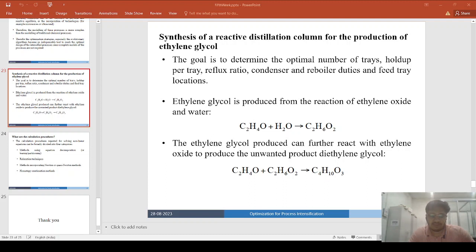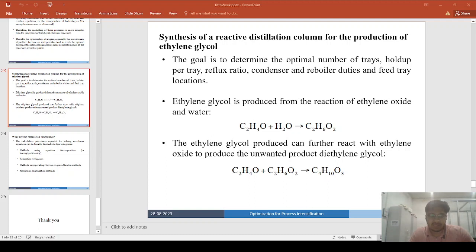So they have taken a mixed integer nonlinear programming algorithm and applied it to the reactive distillation for ethylene glycol synthesis. It is a very good paper, so you can go through it, and that is what the professor has performed as a case study in the third lecture of this week.